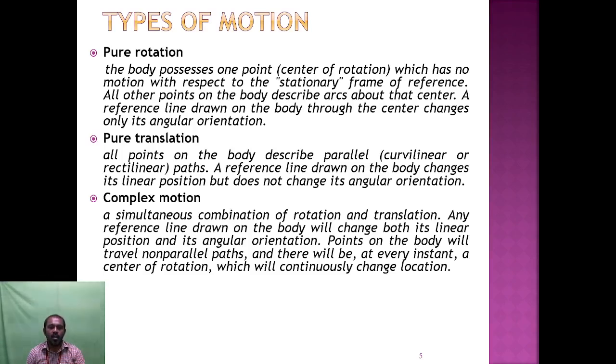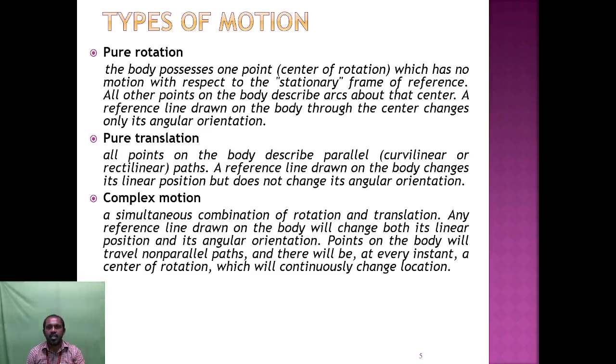So rotation has angular orientation, and translation means no angular orientation but linear motion. And next is complex motion, which is a combination of rotation and translation. Here is one application. Pure rotation is the vehicle wheel of a car or bike.